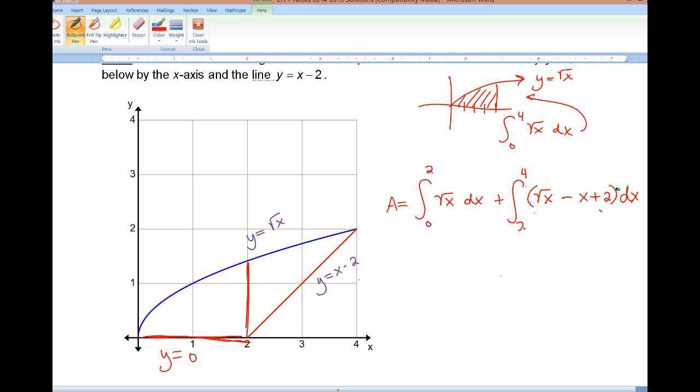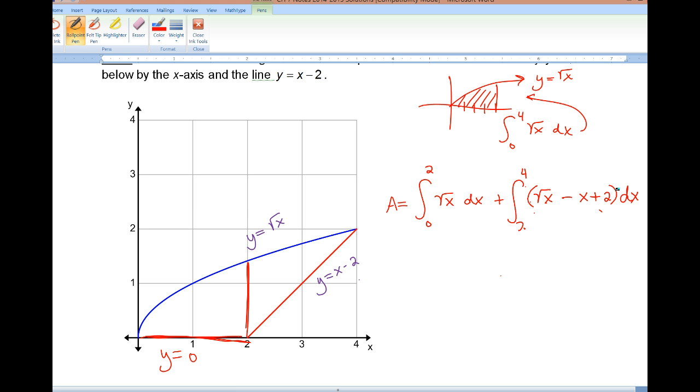Oh, Adam? From 0 to 4 of square root of x, and then subtract 2. I don't think that would work, because you also have this minus.